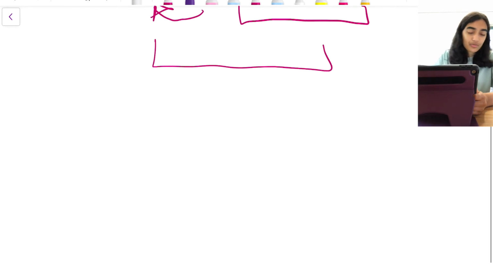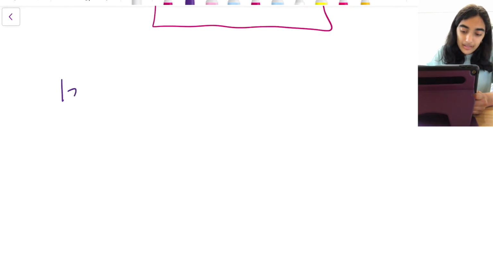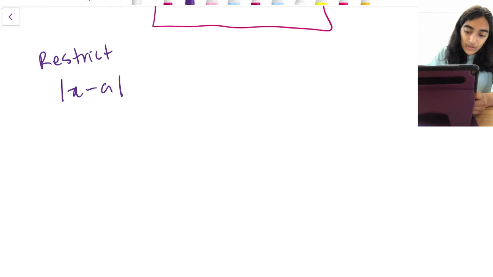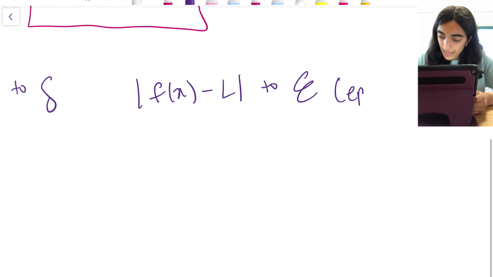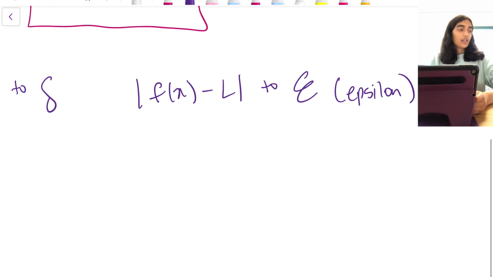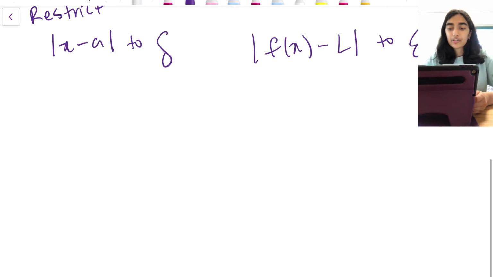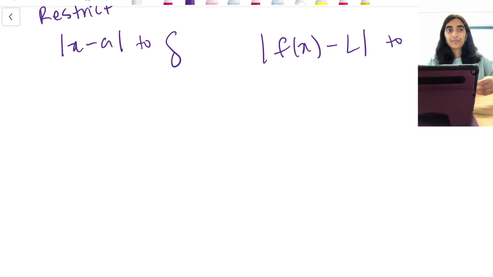Right, so let's restrict our x minus a to a delta, and our f of x minus L to epsilon. Okay, and so let's have some conditions, just for convention, right?